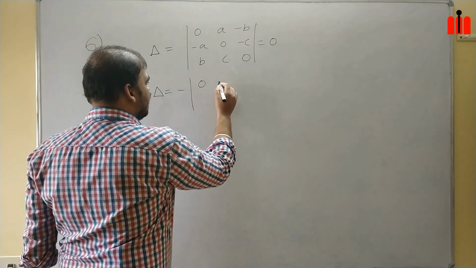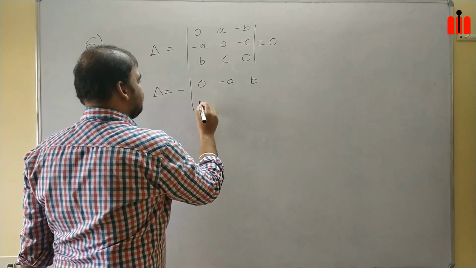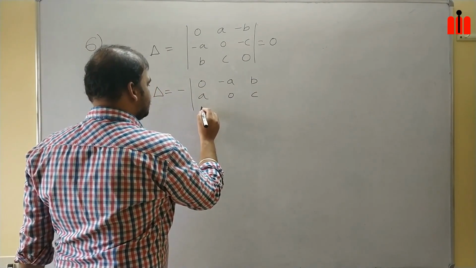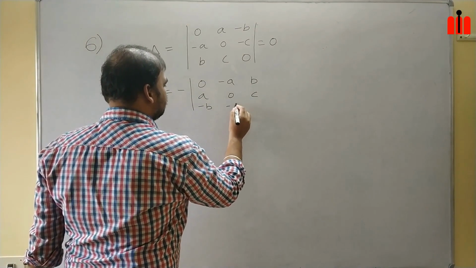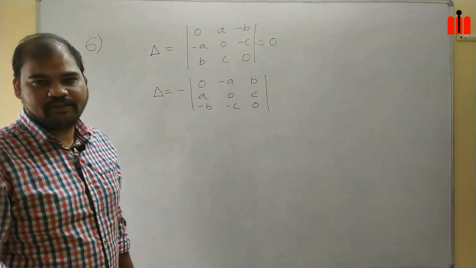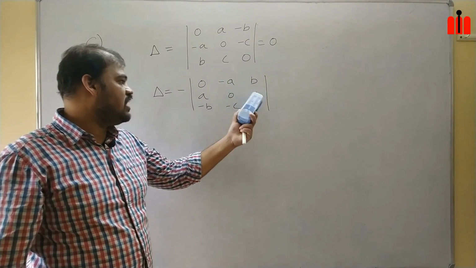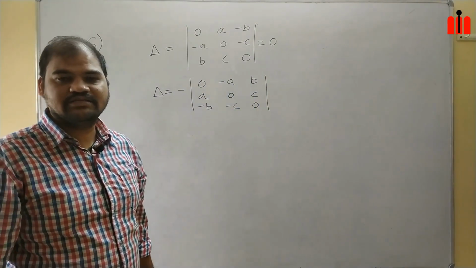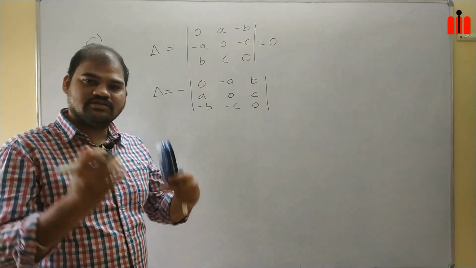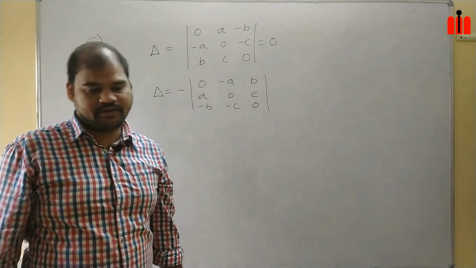So 0, I multiplied with minus, so it will become minus A, B, here it will become A, 0, C, here it will become minus B, and here it will become minus C, and here it will be 0. Are you getting it? So what I had done, I had multiplied R1, R2 and R3 with minus 1. So I have to divide also by the same thing. So once I am dividing by 3 times minus 1, I will get a minus symbol over here.